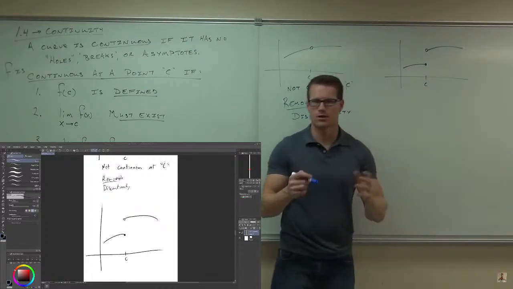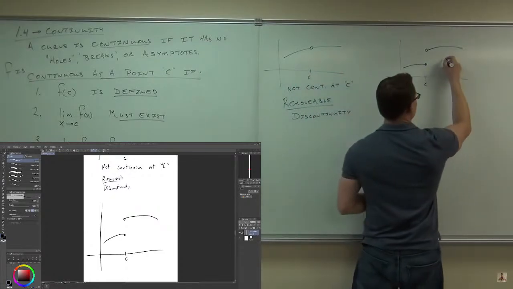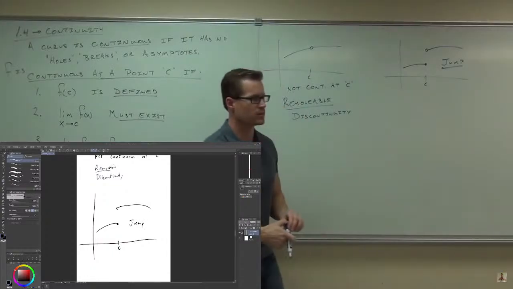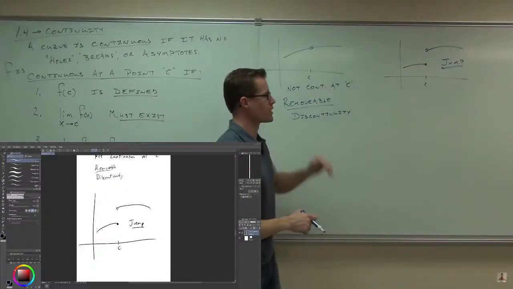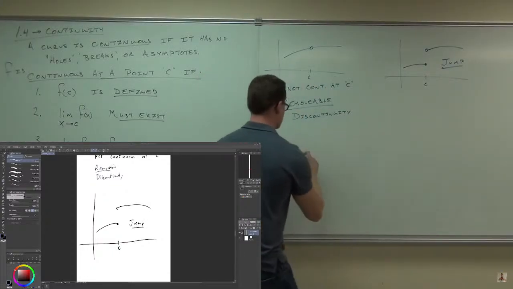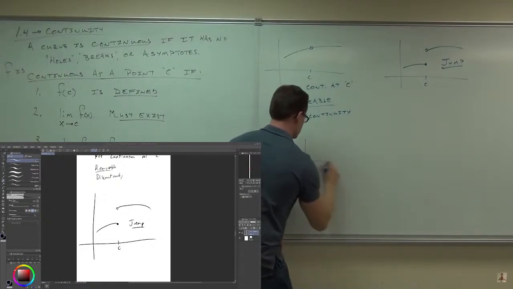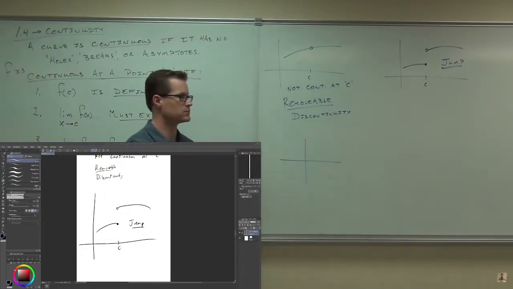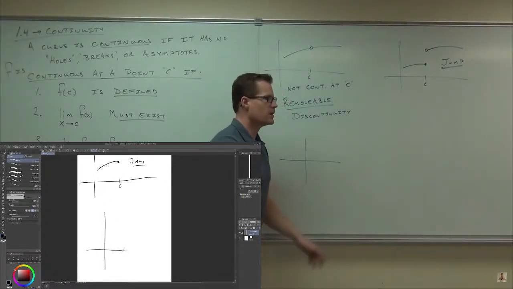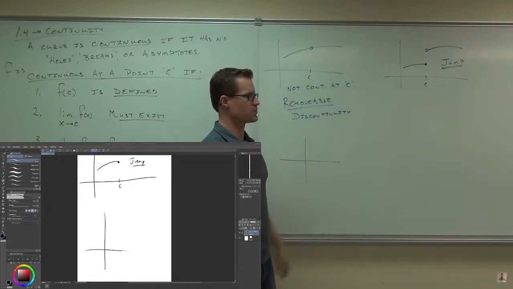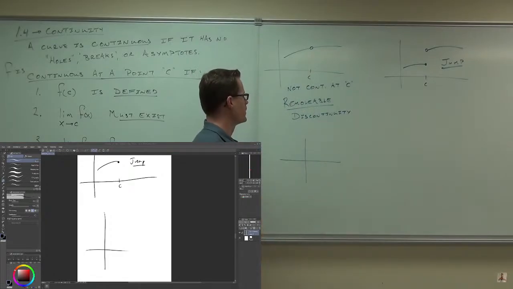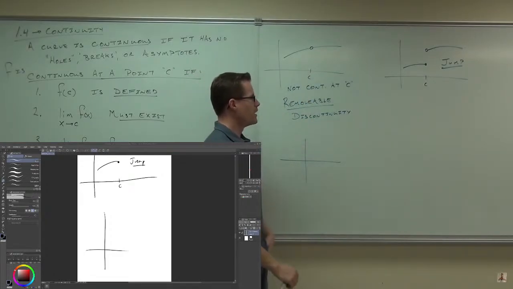This is like a jump discontinuity. You're jumping from one part of the function to another. I don't know if they call it a jump discontinuity in your book, but that's what you're doing, you're jumping. So we'll say that's a jump discontinuity. This one's a removable discontinuity. How about this one?